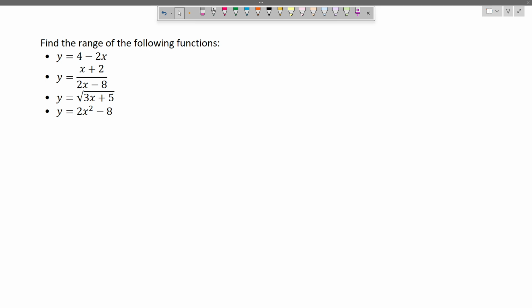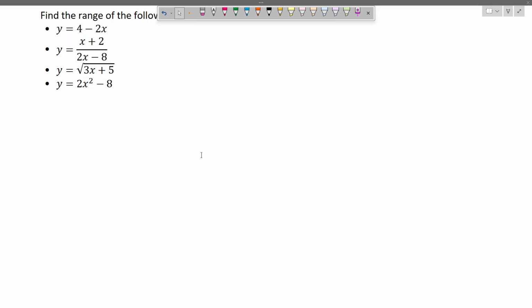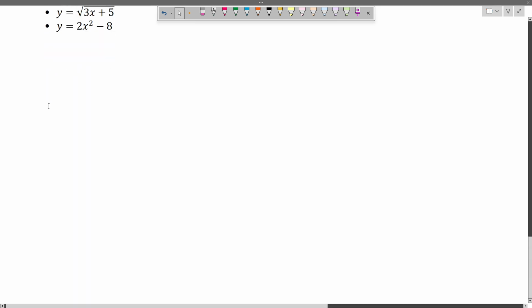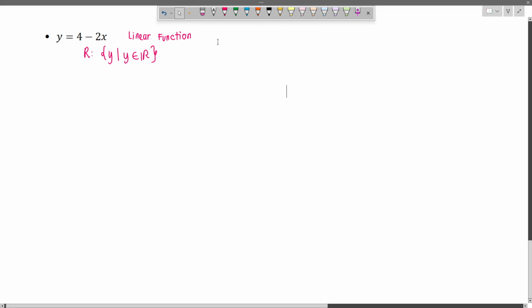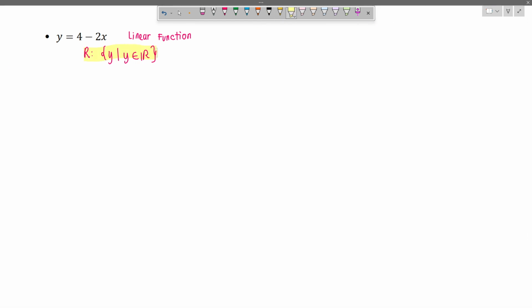So I hope you tried getting the range of these functions. I'm going to put my solutions here. So please pause the video if you want to look at each solution that we have. So for our first function, it's the set of real numbers, as you can see here, because it's a linear function.